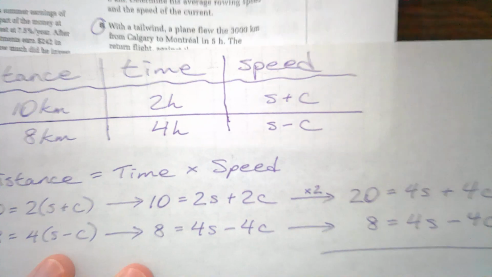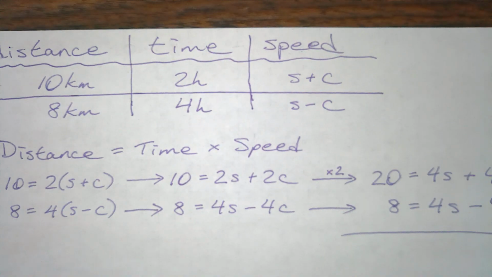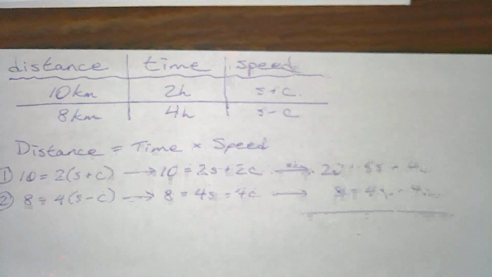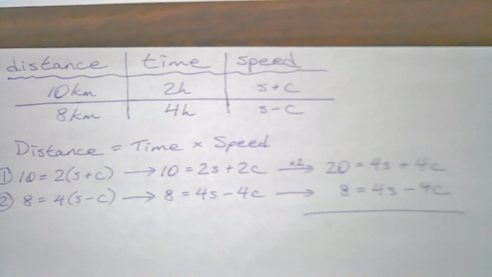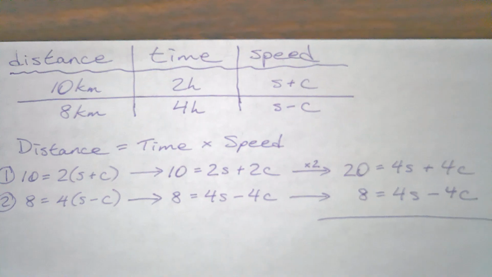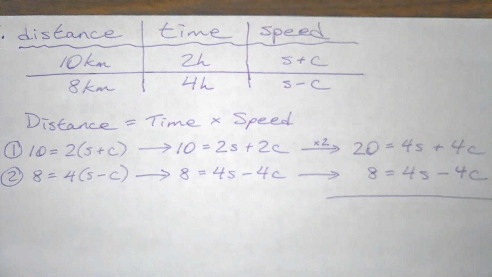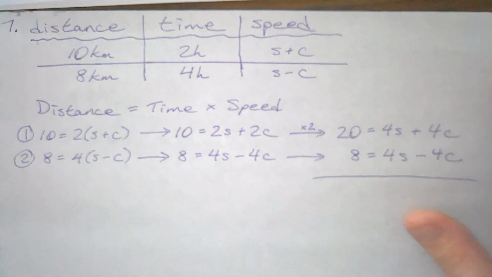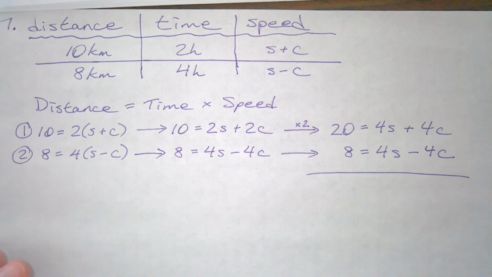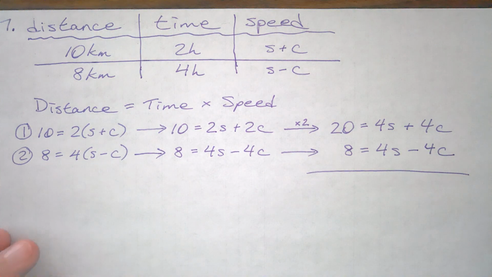How many of you have been on a boat before? When you're going downstream, do you go faster or slower? Faster, because there's the speed of the current. When you go with the current, it's faster, and when you go upstream, it's slower.